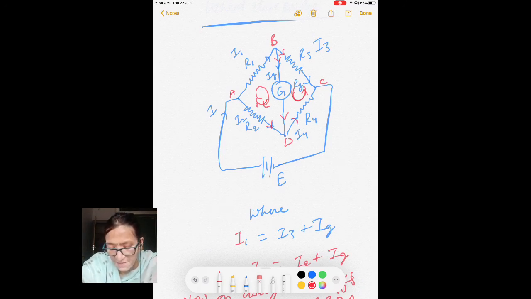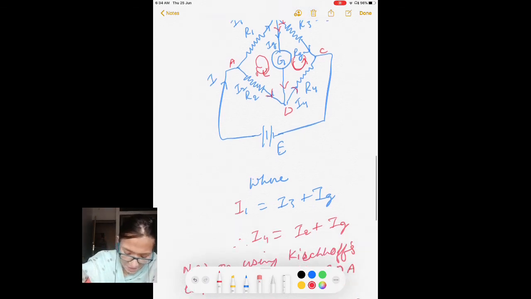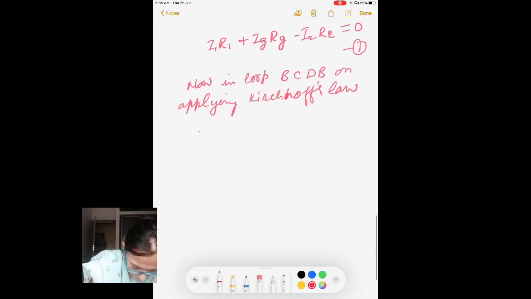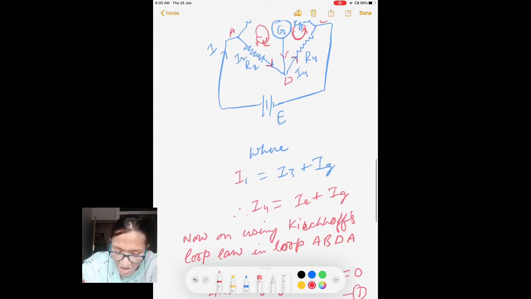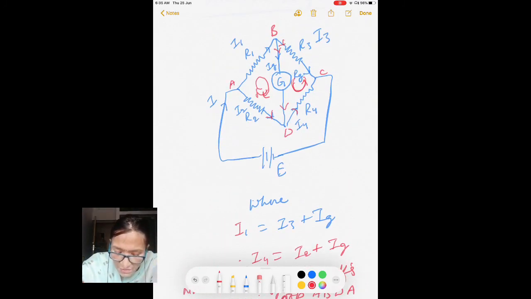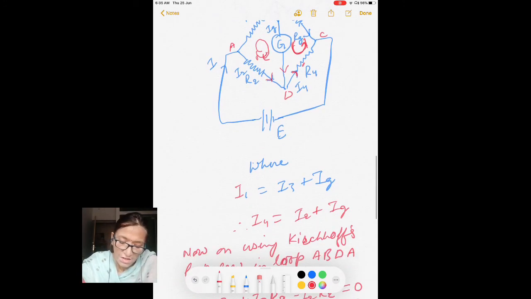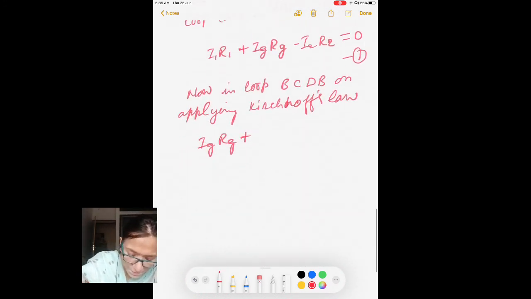So Ig Rg plus, here also in this very arm DC, the current is flowing in the same sense in which I have taken the order. So it is I4 R4.